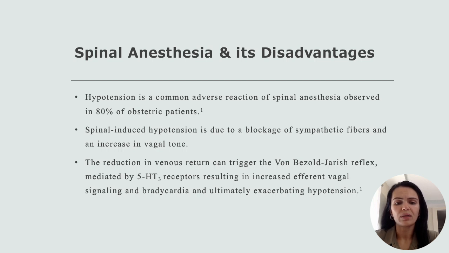This drop in blood pressure happens because spinal anesthesia blocks the sympathetic nerves, which are responsible for maintaining blood vessel tone and blood pressure. When these nerves are blocked, the blood vessels relax and widen, leading to a decrease in blood return to the heart.